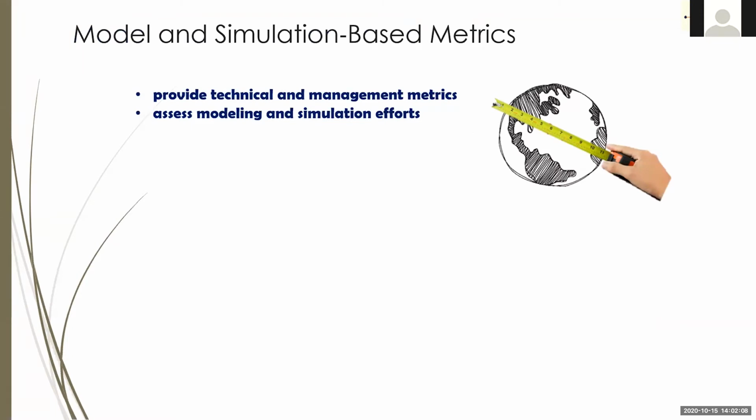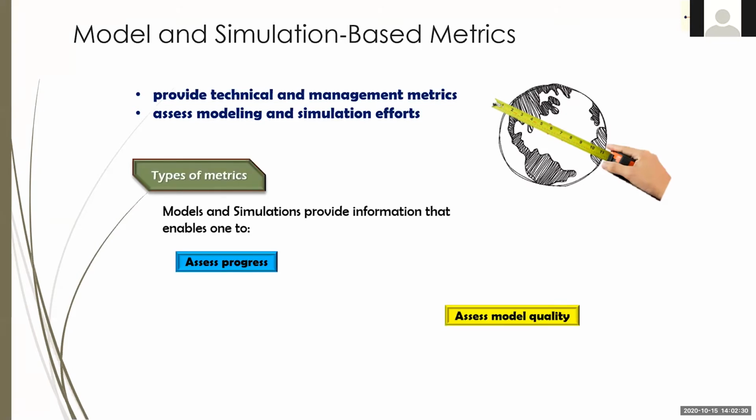Now, some of the metrics that we have for the models, we might get technical and management metrics, okay? We might also use it to assess the amount of work or effort that we are investing into modeling and simulation. And we might also do it to measure that into the whole life cycle development, okay? Now, other type of metrics is that we can assess the progress of a given system development that we have.